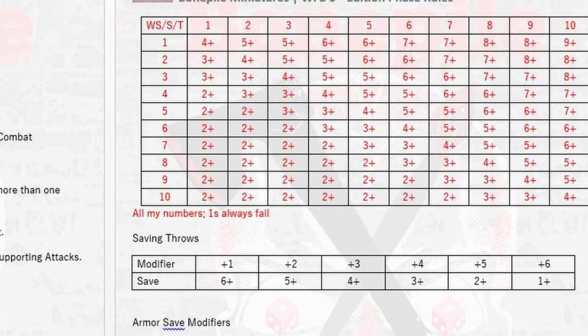But what that also effectively does is it makes it slightly harder to slay almost everything. Even matches are still 4s, but everything else steps up and down by 2s. So in effect, not only will monsters survive a little longer than before in the 8th edition, but all units will survive a little longer than most 8th edition players are used to.